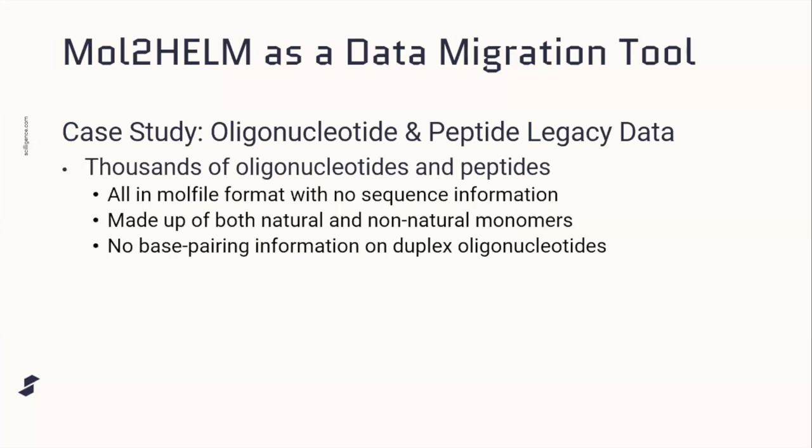They had thousands of oligonucleotides and peptides, all in molfile format with no sequence information. These oligonucleotides and peptides were made up of both natural and non-natural monomers, and there was no base pairing information present on the duplex oligonucleotides. So this presented a unique challenge that Mol2HELM was equipped to handle.